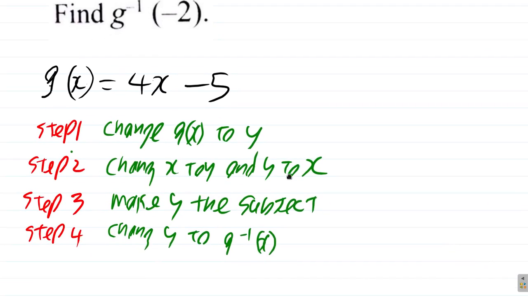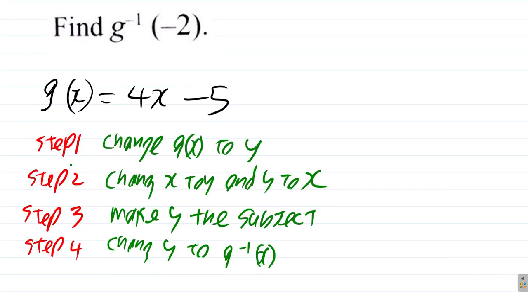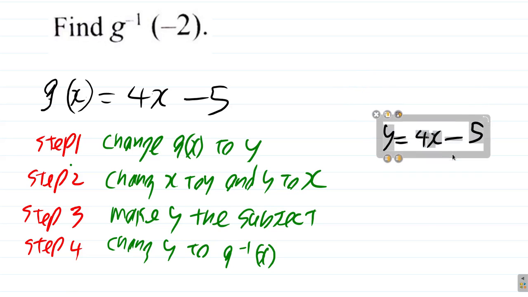Now, if you do it using that method, you would say y is equal to 4x minus 5. Let me write it down here beside the steps. y is equal to 4x minus 5.